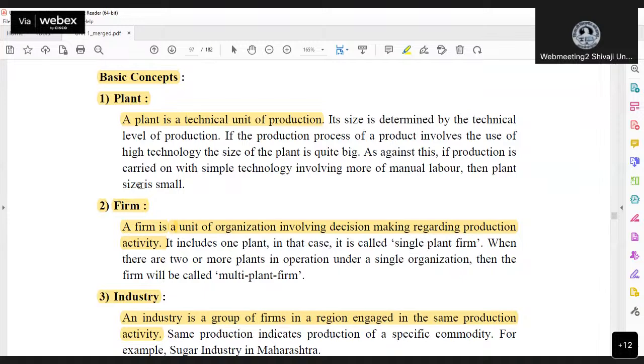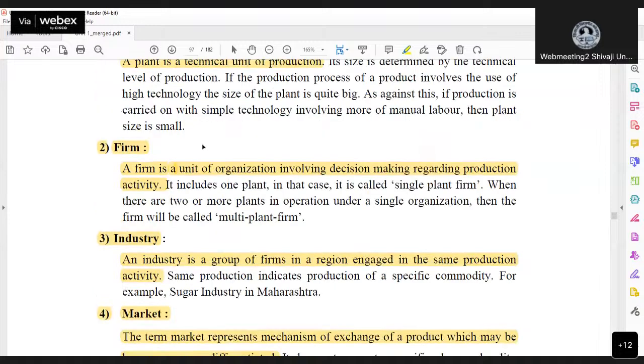A firm is a unit of organization involving decision making regarding production activity. So in a firm, the decision about what to produce takes place, and a plant is a place where the production process actually takes place.